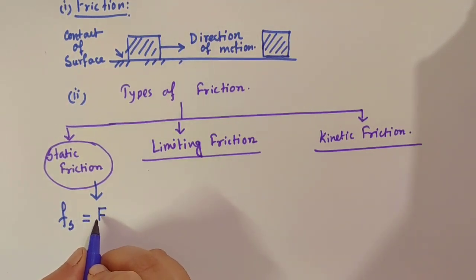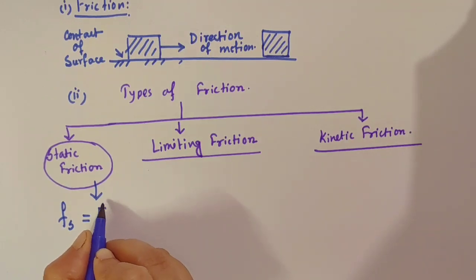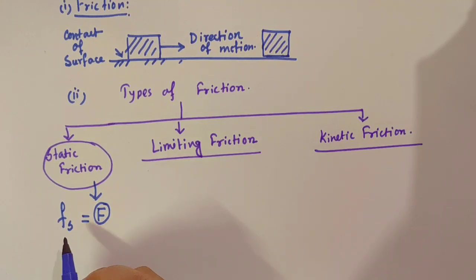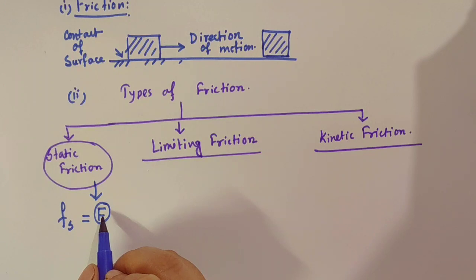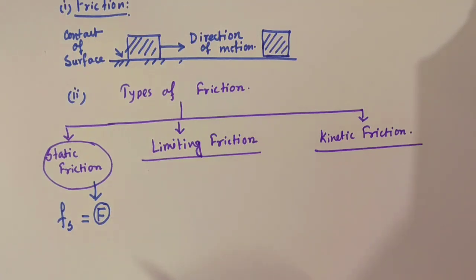What is F? If the applied force F is such that the body remains at rest in spite of the action of the force on it, the static frictional force Fs is equal to F. And if a body is at rest and no pulling force is acting on it, force of friction on it is 0.